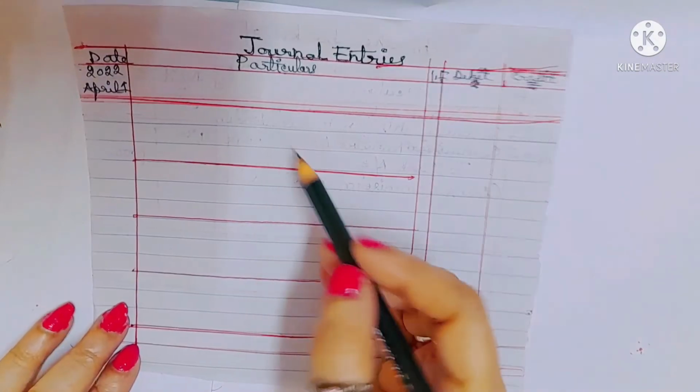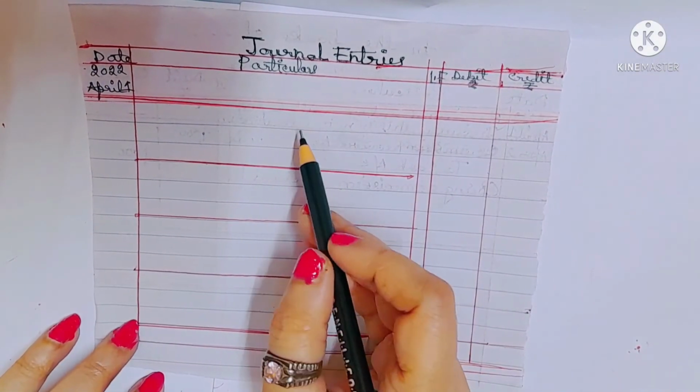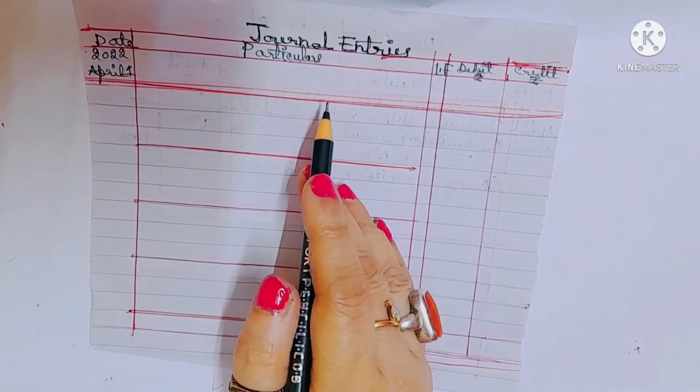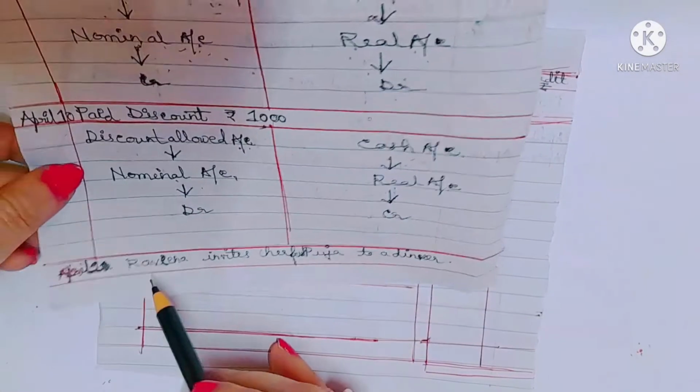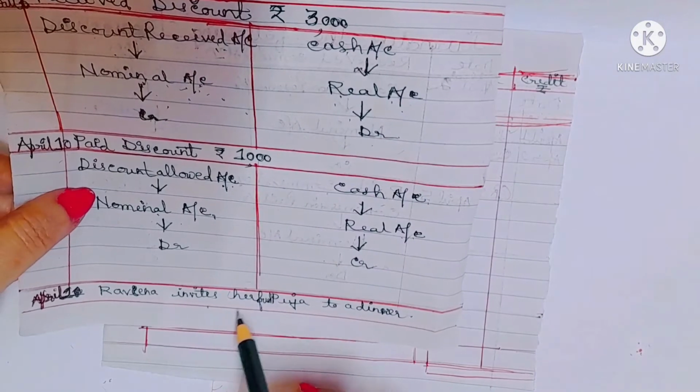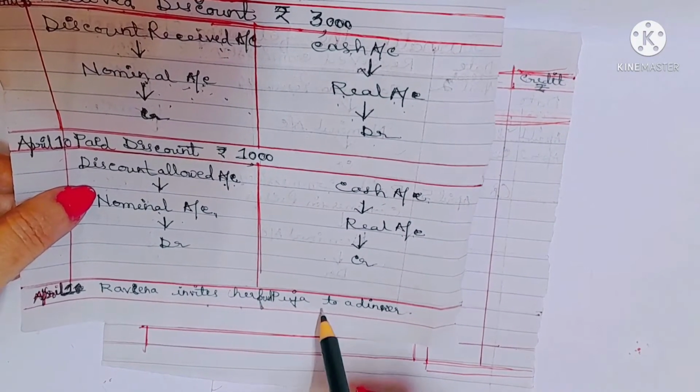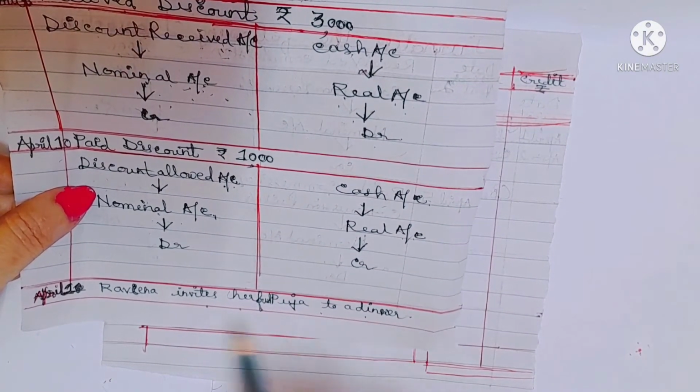Now let's record the transactions in the journal. What is the first transaction? See, on 1st April, Ravina invites her friend Pooja to a dinner. So no journal entry will be passed for this, because this is not a transaction.